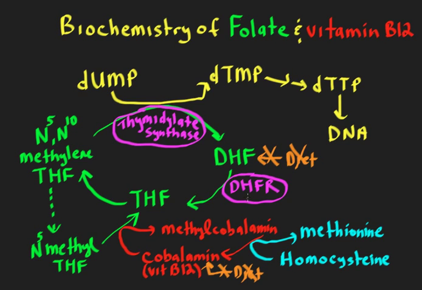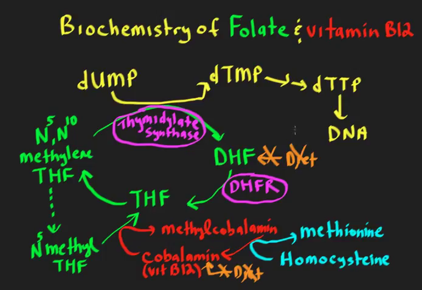On the other hand, if you're B12 deficient, and you've trapped your folate as N5-methyl tetrahydrofolate and depleted this green pathway, if you give enough folic acid to someone who's B12 deficient, you can get this cycle going again and start to recover your DNA synthesis, and the hematological findings go back to normal.